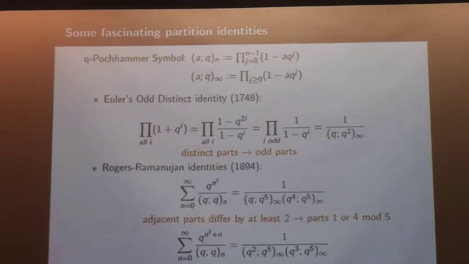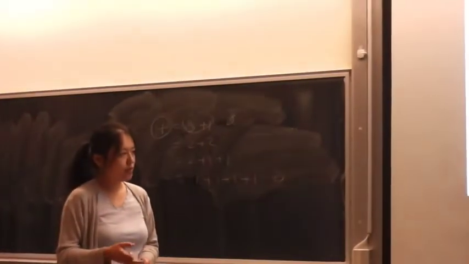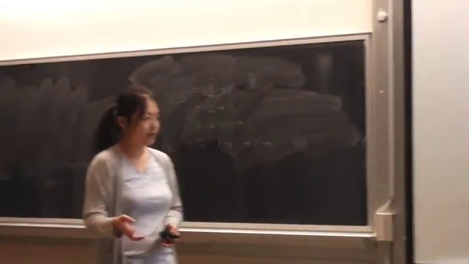And now going to the more related topic of today's talk, the Rogers-Ramanujan identities. That was first discovered and proved by Rogers in 1894. So these are the two Rogers-Ramanujan identities. The first identity says that the number of ways to partition an integer into parts such that adjacent parts differ by at least 2 is equal to the number of ways to partition that integer into parts that are 1 or 4 mod 5.